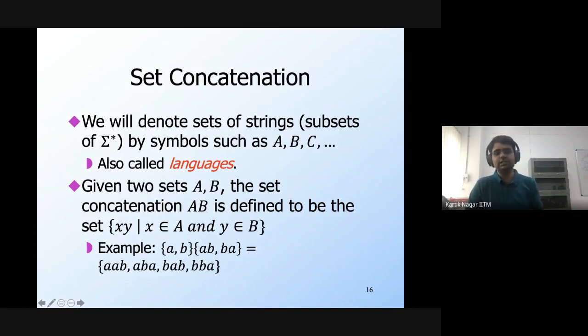If you're given two sets A and B, then the concatenation AB is simply defined to be the set as shown in the slides. You take an arbitrary string from A, an arbitrary string from B, and concatenate them, and you do this for all strings which belong to A and B. That's the set concatenation AB. That's how it is defined. Are there any questions regarding the last lecture?